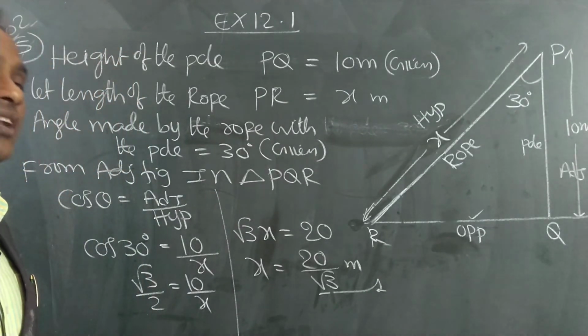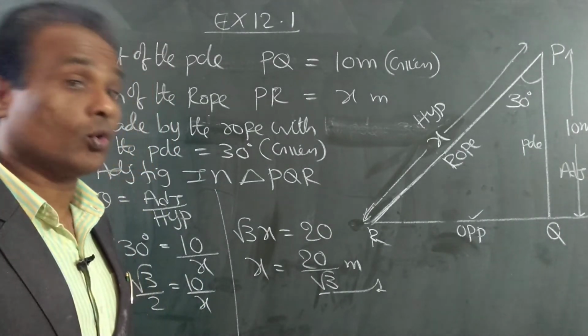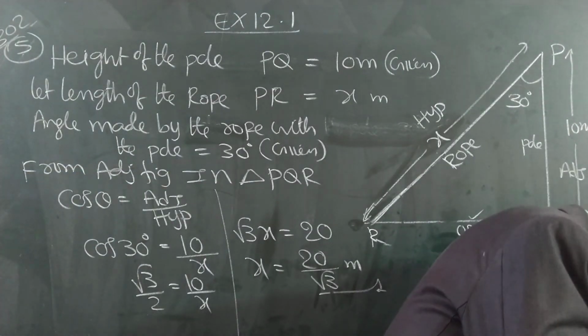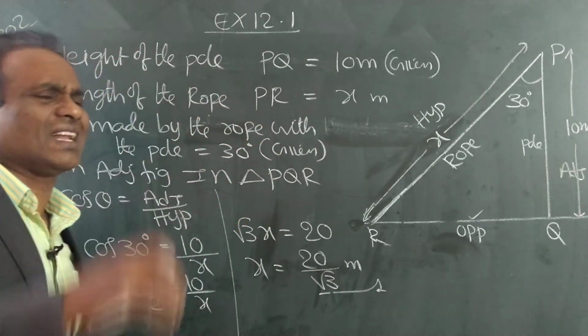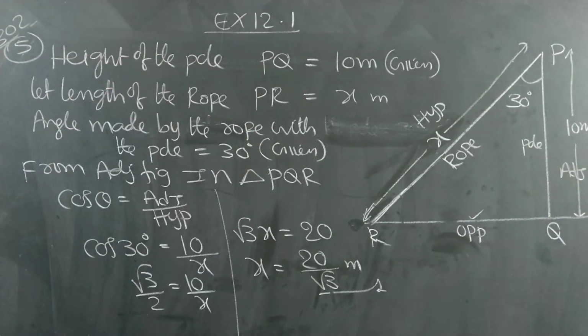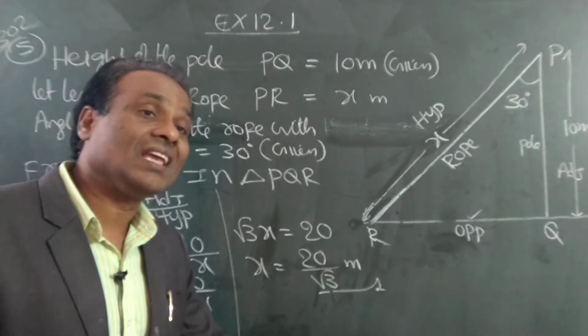But actually in the question, there are 3 ropes. So what should be the total length of the rope? Actually that clarity is not given. So we have 3 ropes, and we have to find the total length. If this is 1 rope, multiply it with 3 ropes.